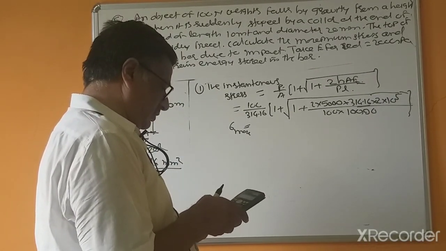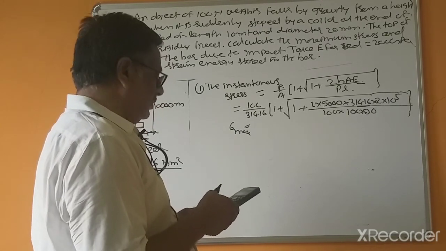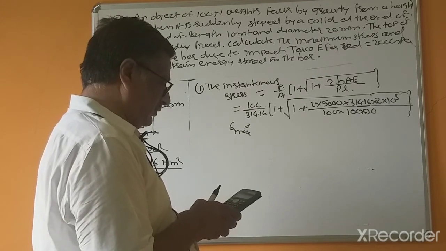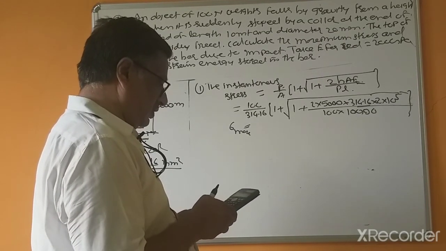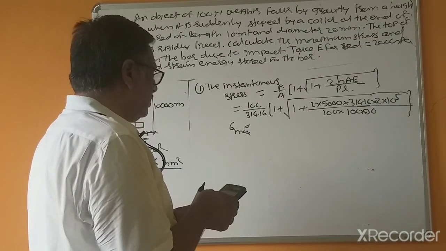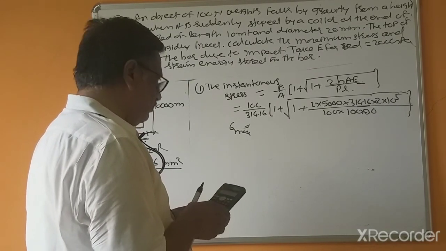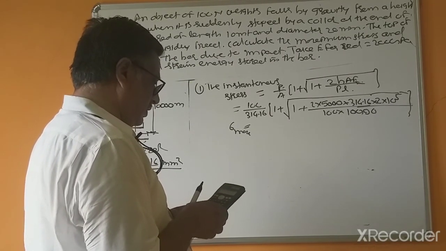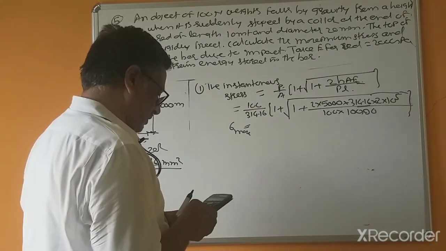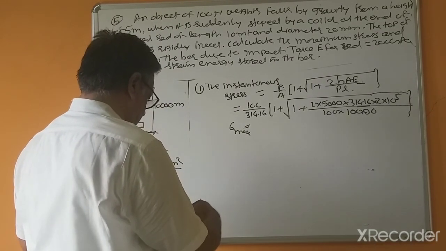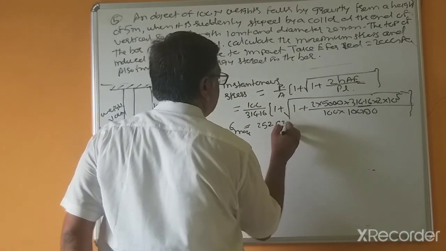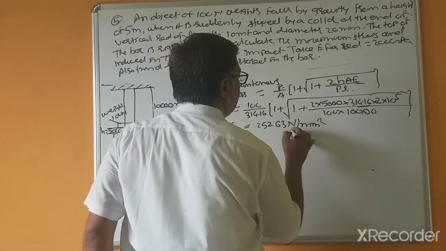This is equal to 252.63 newton per mm squared.